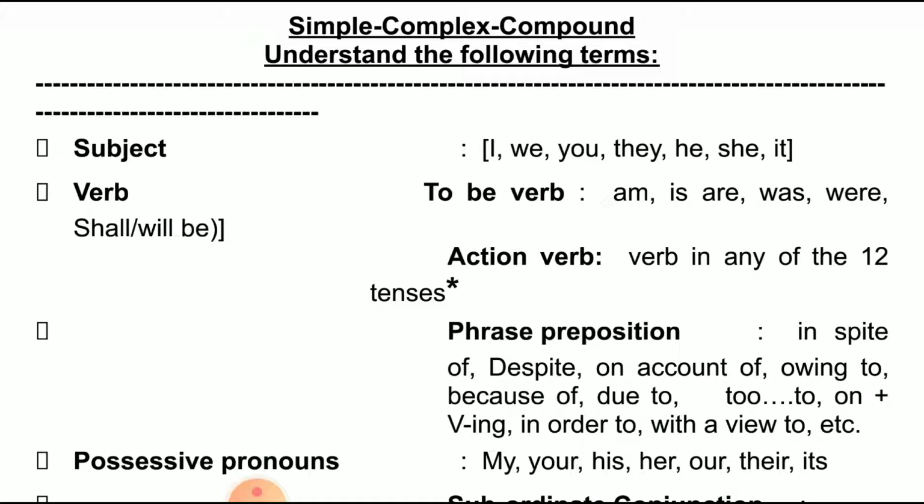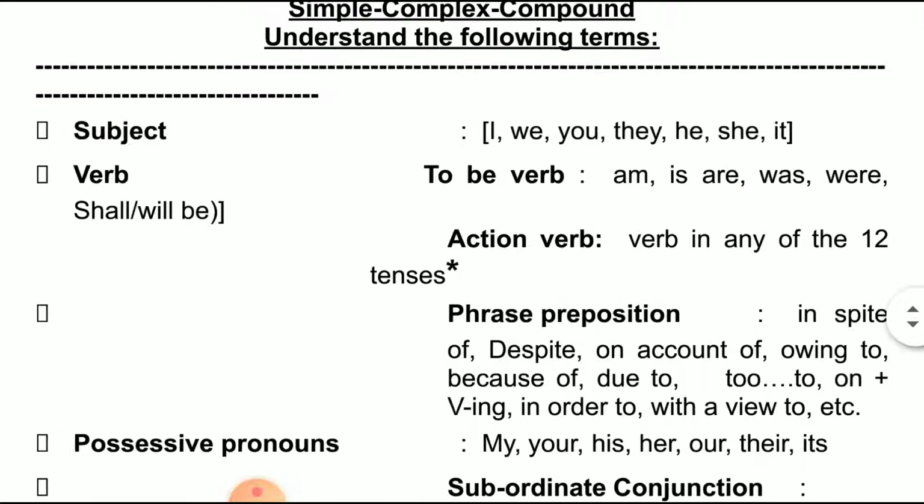And the other important thing is that unless you know to identify these terms, you will never be able to transform a simple sentence into a compound or a complex sentence, and vice versa.